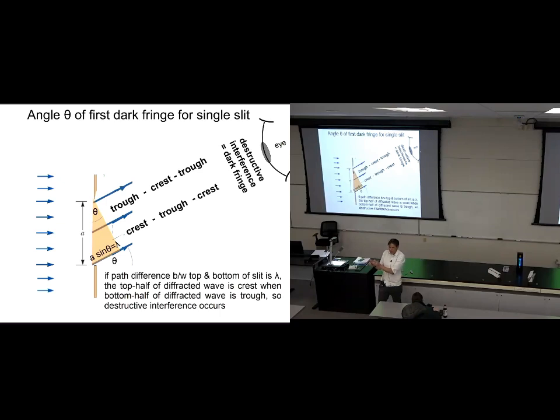Just like with two slits, there's a pattern of dark fringes, and so we're going to write down a formula for that. But I want to show you exactly how a dark fringe emerges. And on this slide, I'm showing you how the first, what we call the first dark fringe, emerges when you've got a single slit diffraction pattern.